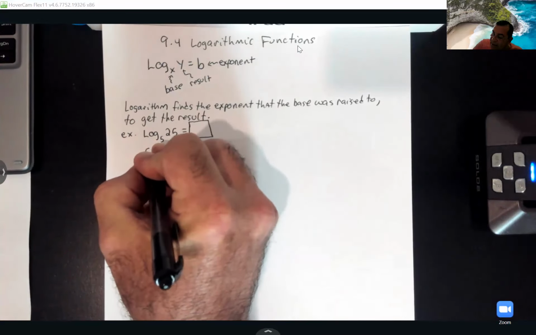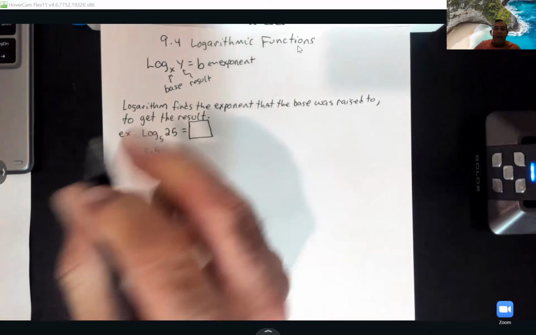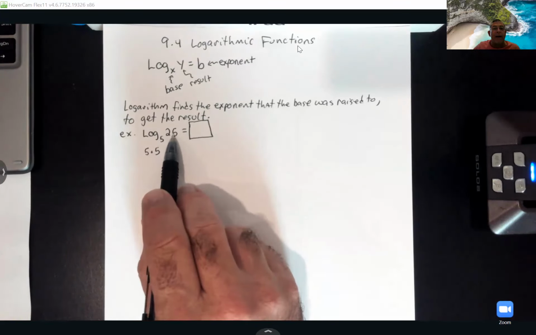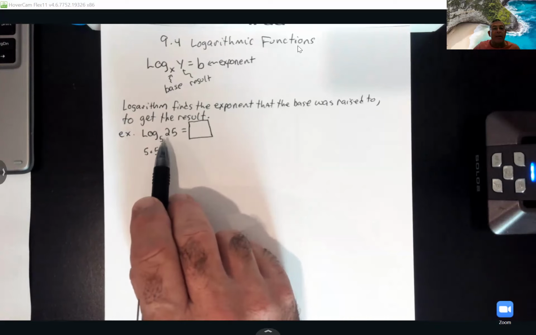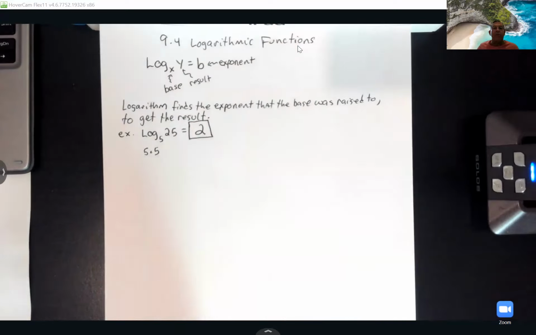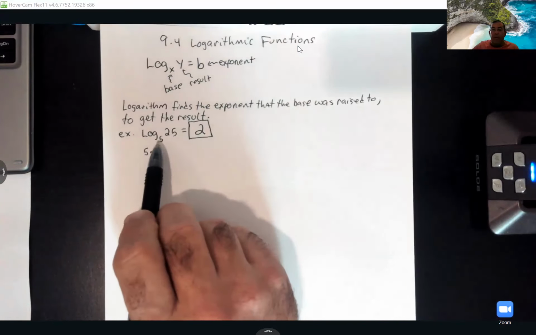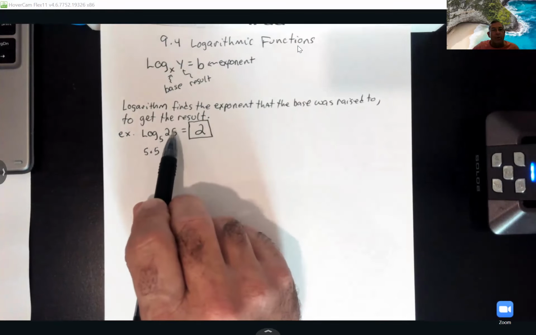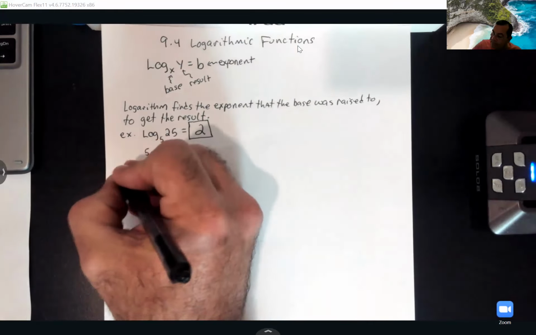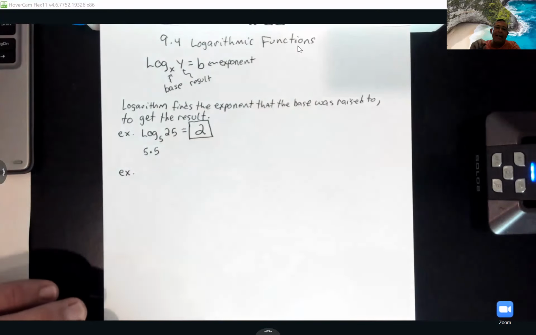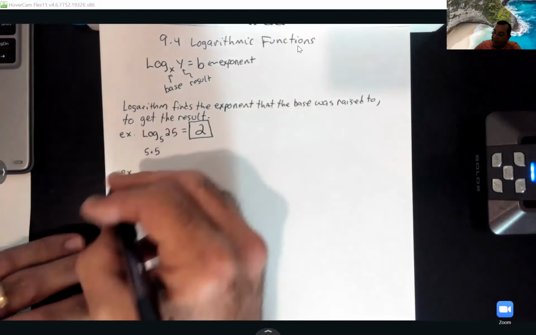So 5 times 5, if I multiply 5 times itself 2 times, that'll get me 25. So that means the exponent that this would find would be a 2. Okay, so 5, my base, squared equals 25.